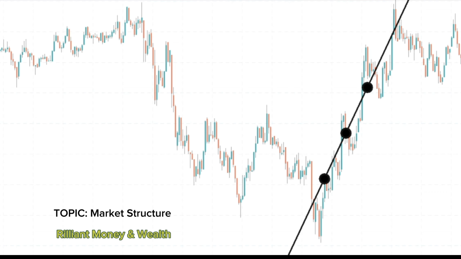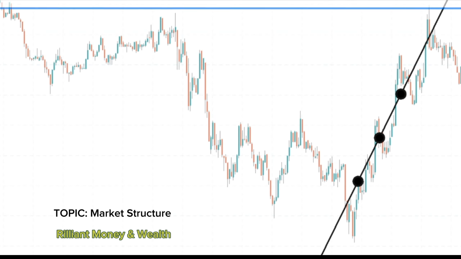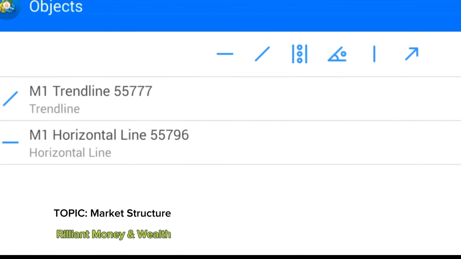What about a choppy market? So a little bit I want to show you a choppy market.